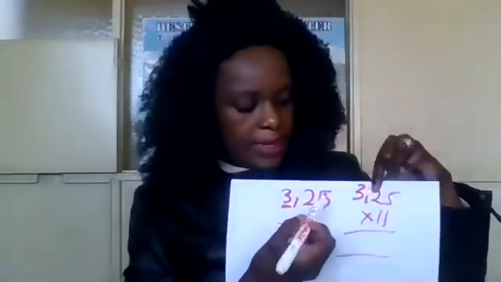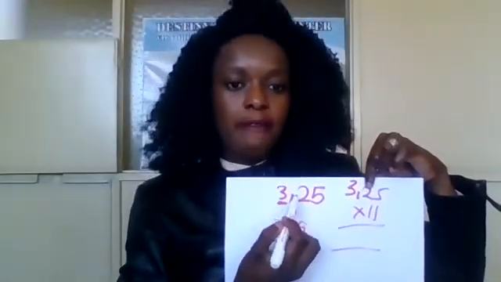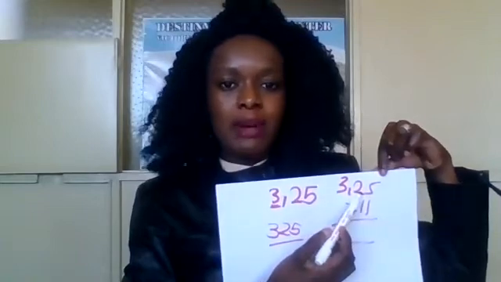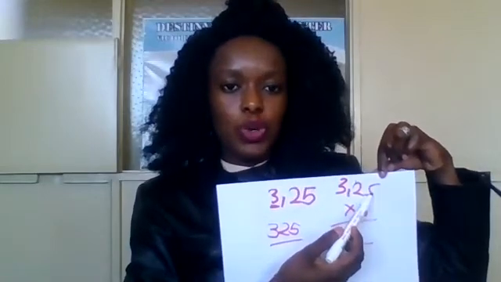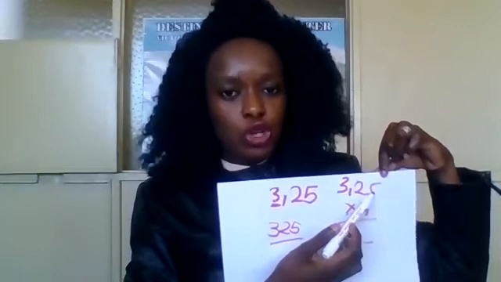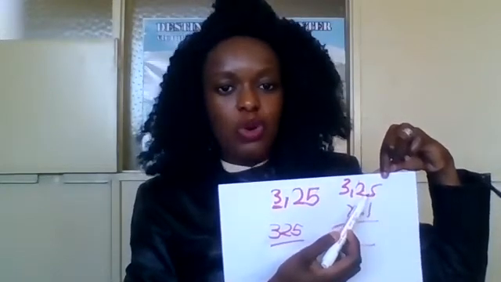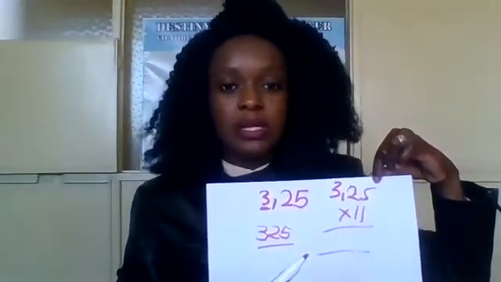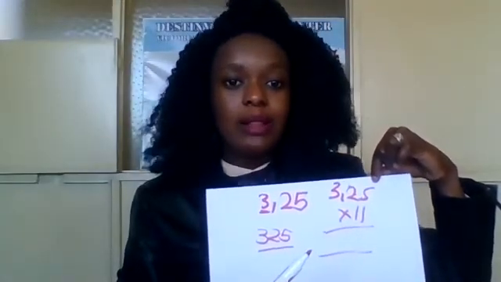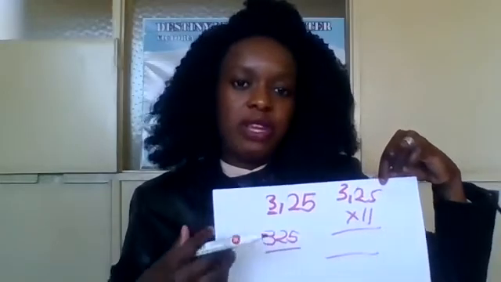Why? Because at the end of the day, your answer will have a comma. How many numbers after the comma? 1, 2. So your answer will have 2 numbers after the comma. So every time you are multiplying a decimal, you must take note that the comma is very, very important.